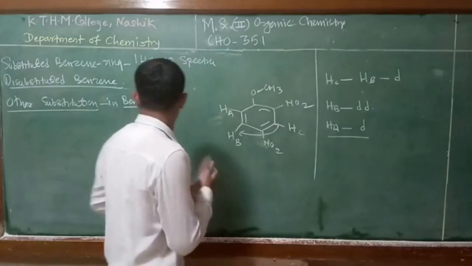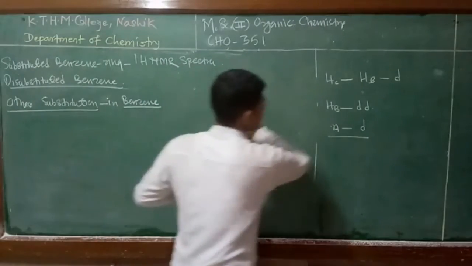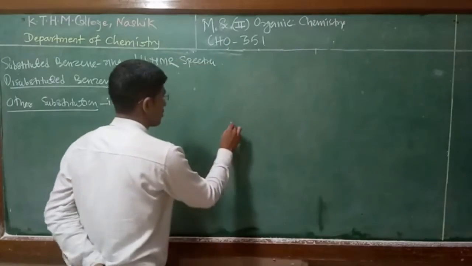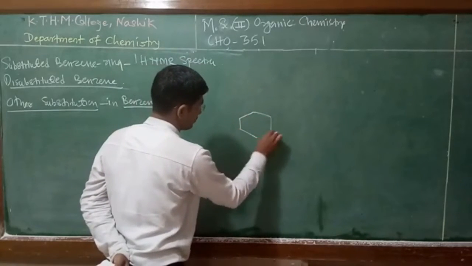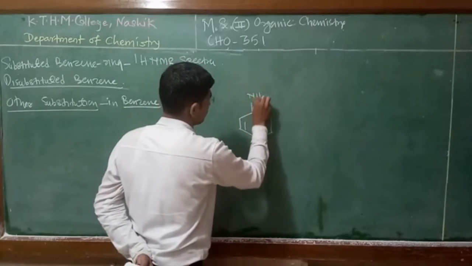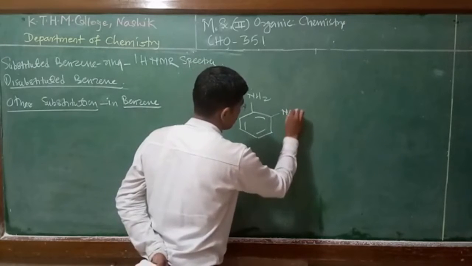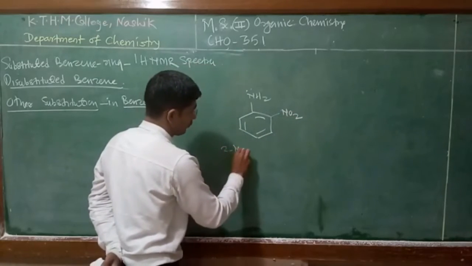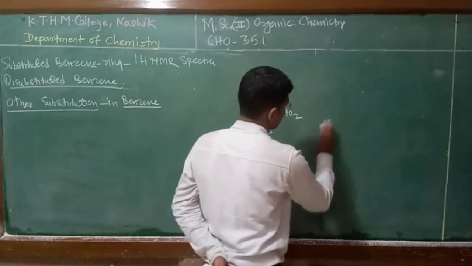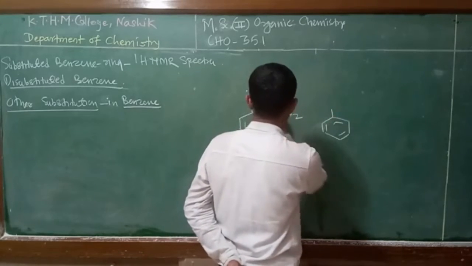In this case also, suppose we consider the next example. 2-nitroaniline, the ortho disubstitution pattern. In this case, the two groups are different here.